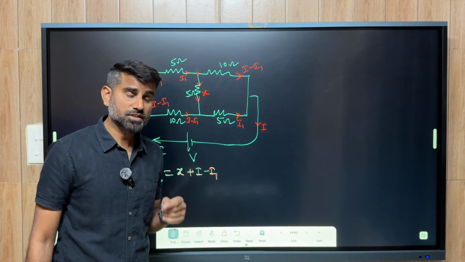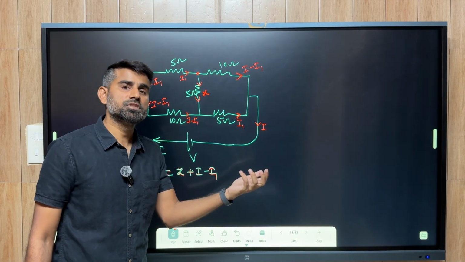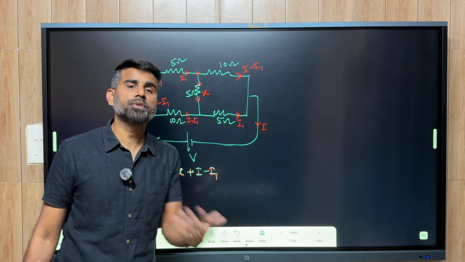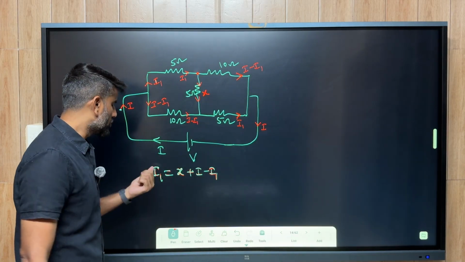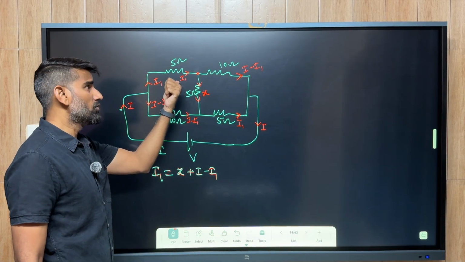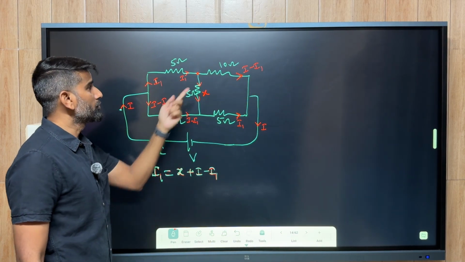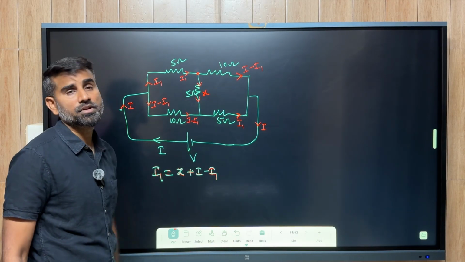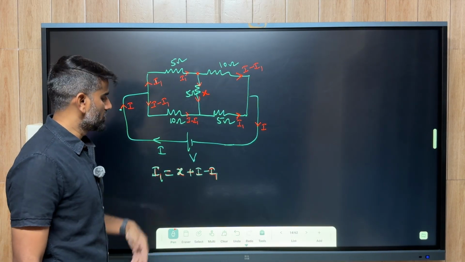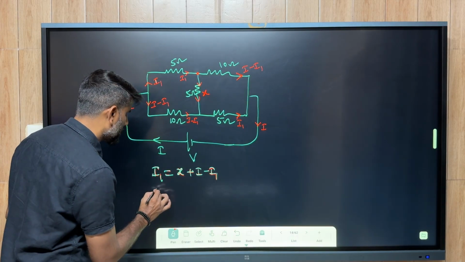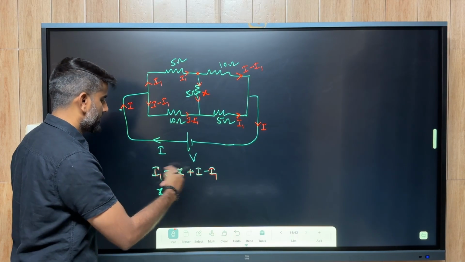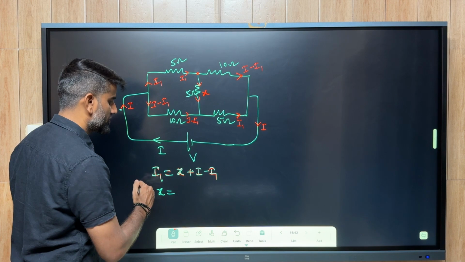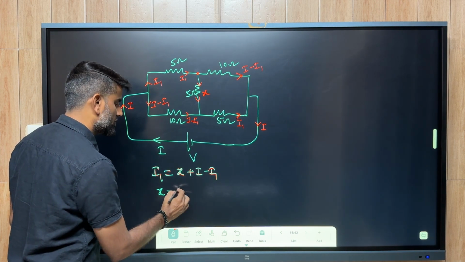According to Kirchhoff's junction law, the current flowing towards the junction is equal to the current flowing away from the junction. So flowing towards the junction is only one current, which is I1, and flowing away from the junction we have two currents. One is X, the other one is I minus I1. We need to find X here. So I am rearranging the equation for X. This I comes to this side and minus I1 comes to that side.